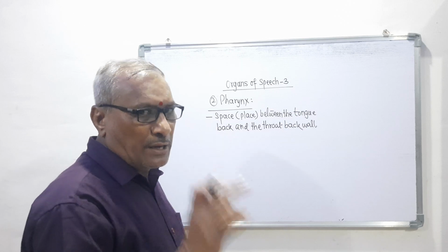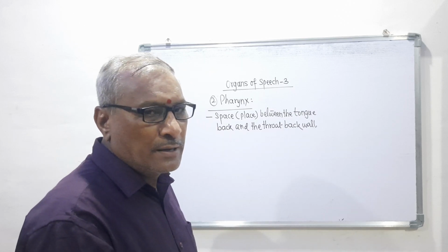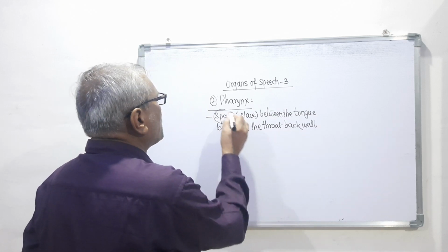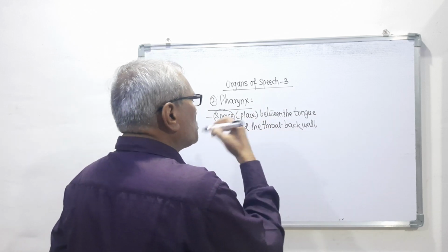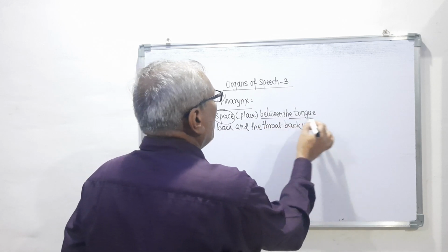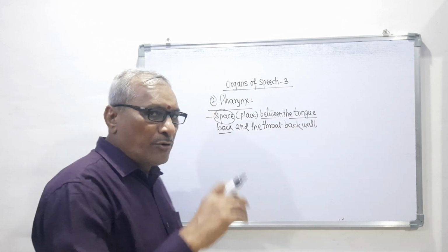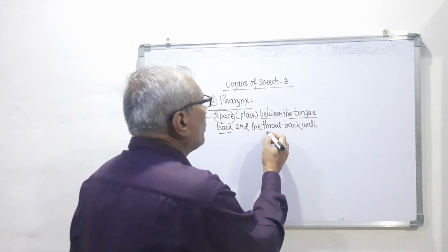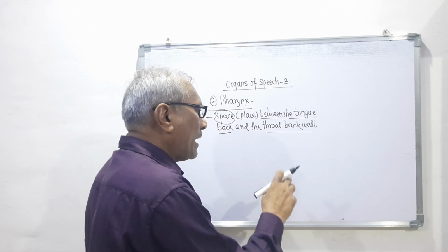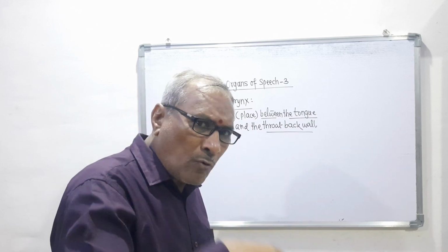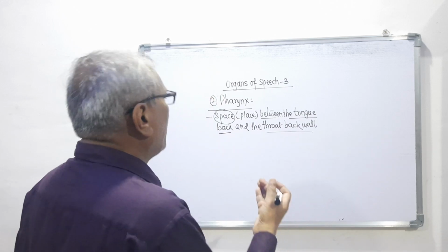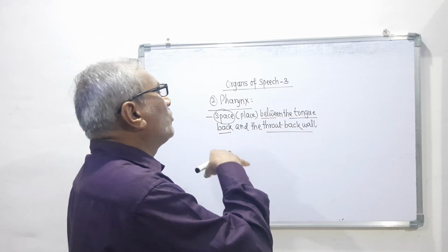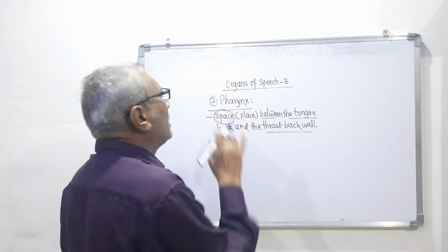The pharynx is the place, the section, the point, and that space is situated between the tongue back, at the place of the back of the tongue, and the throat back wall. Between these two parts, the pharynx is situated.